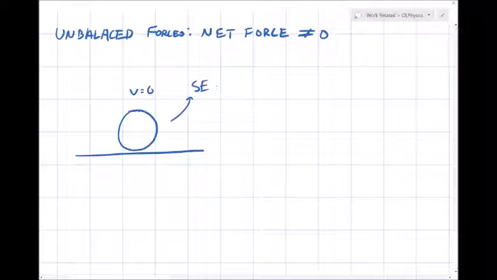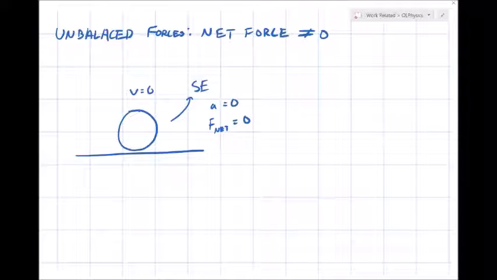If it's just sitting still, you can assume that there is no acceleration, so acceleration equals 0, and the net force is also 0. This is helpful when you're trying to add up forces or solve for other things. You can figure out what the missing force is based on this.